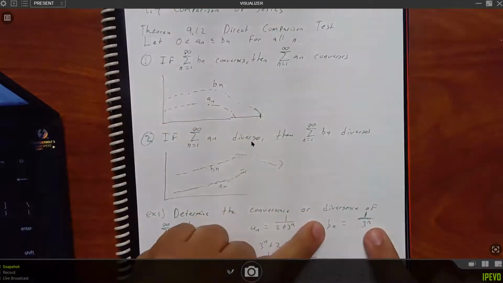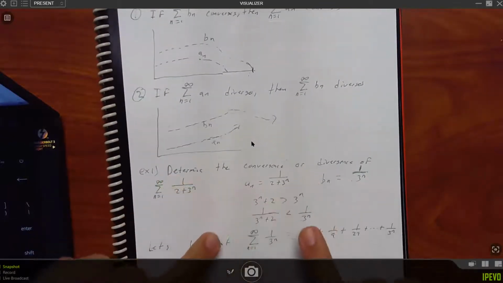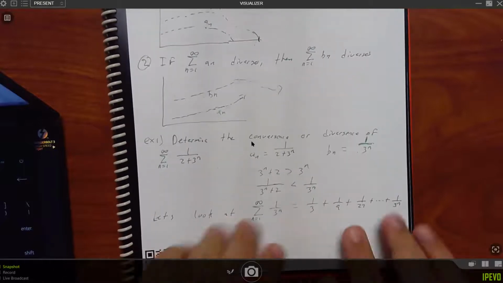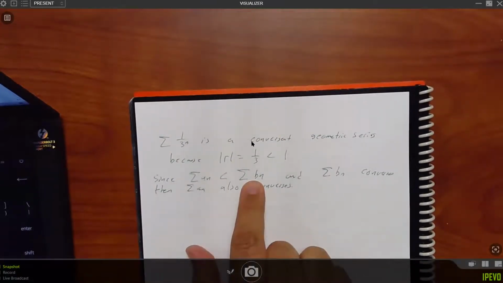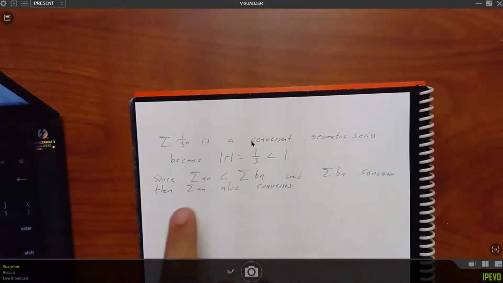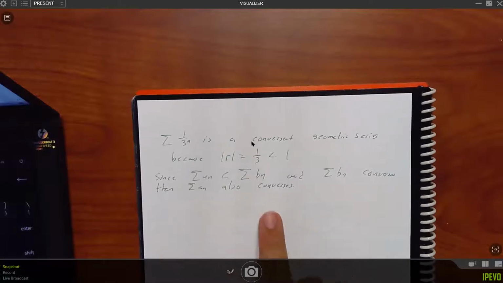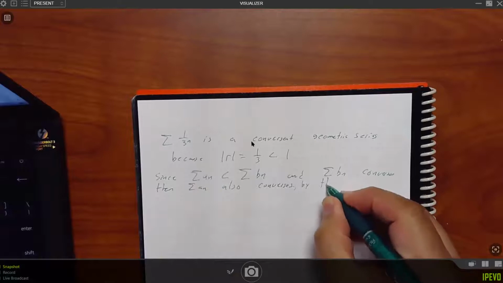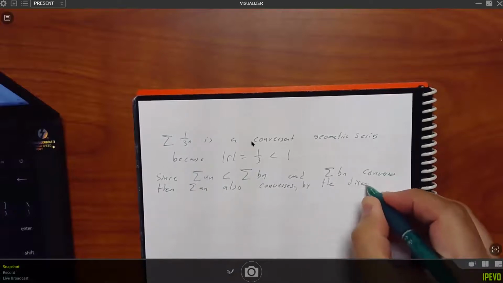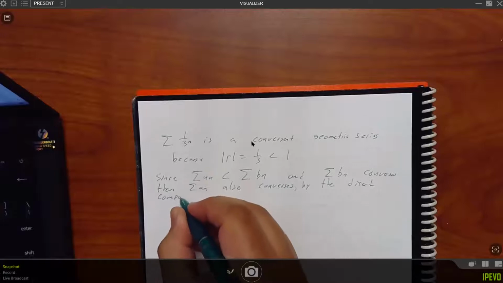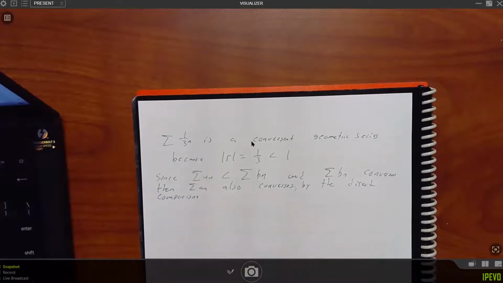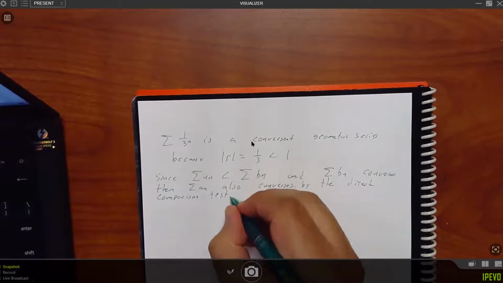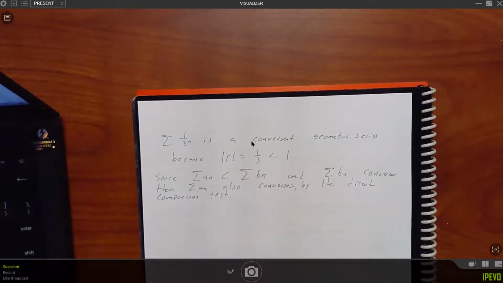So I had to choose a b sub n and show that it is bigger, and then determine that it converges in order to make this statement: that since this is less than that, and this converges, then this also converges. That's the logic. So I'm applying the direct comparison. That's what I used to verify that the other series converges.